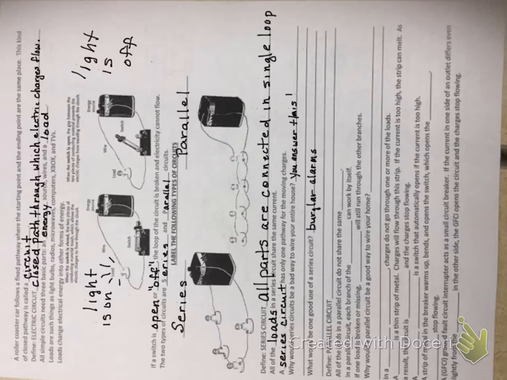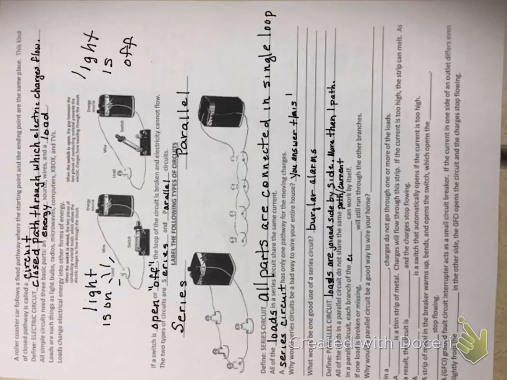Next we have define a parallel circuit. Well, this is one where the loads are connected side by side, or there are more than one path for the electricity to travel through. It's kind of like they're in branches. So there's more than one way that the electricity can flow.